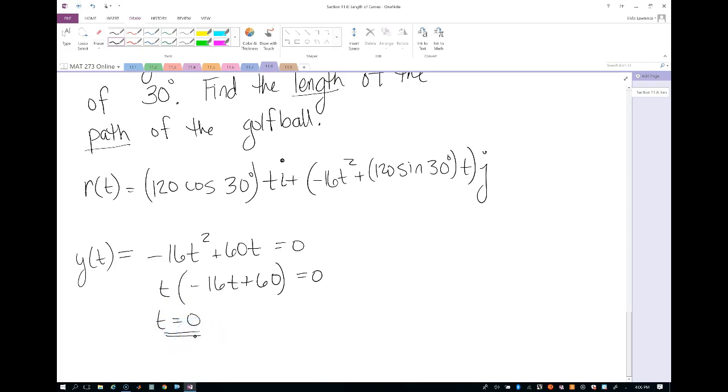And we already knew that it starts from ground level. If we solve that second factor for t, it'll tell us when it hits the ground after the flight. And I get about exactly 3.75 seconds.